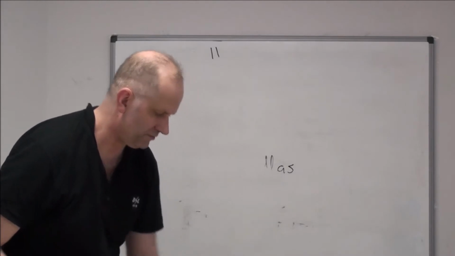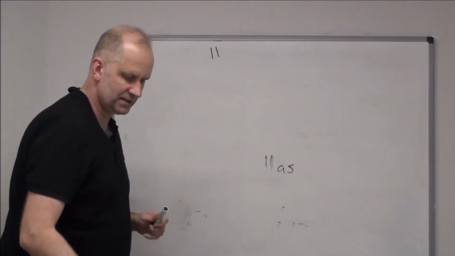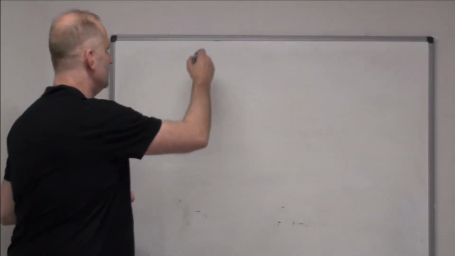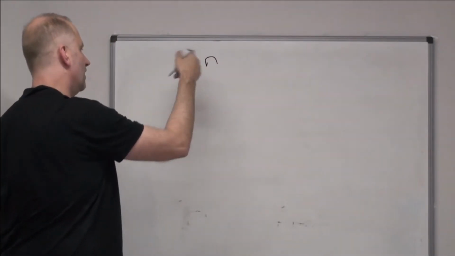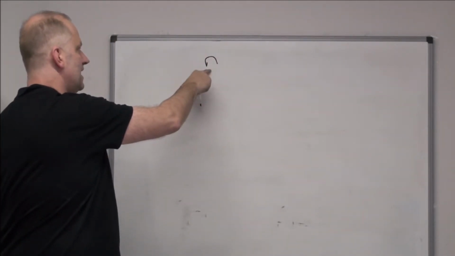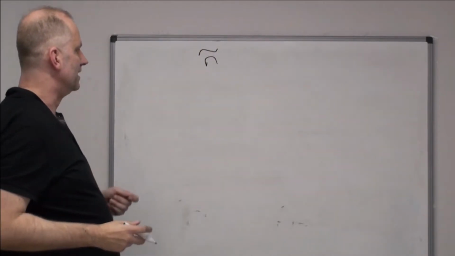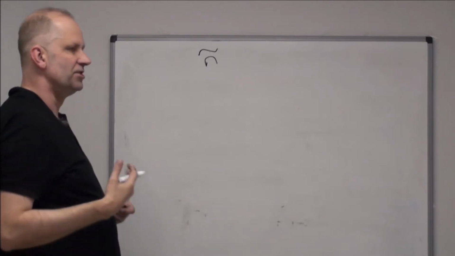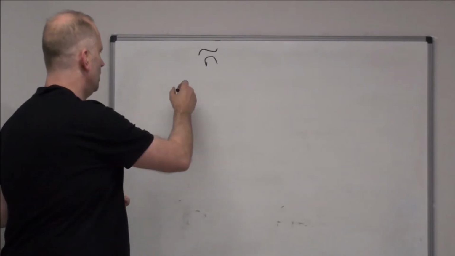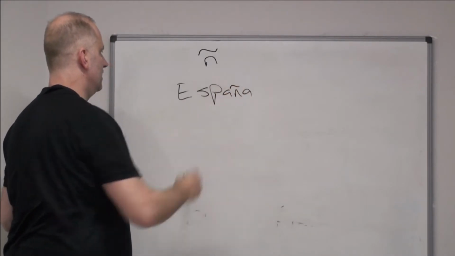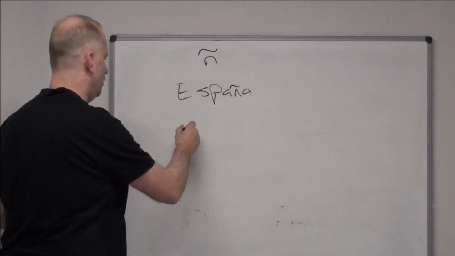So another sound. There's a letter in Spanish that doesn't exist in English, which is this letter. This one does exist, this is N. You do that to it, and it's an ñ, and it's like a near sound. So it's España, Español.